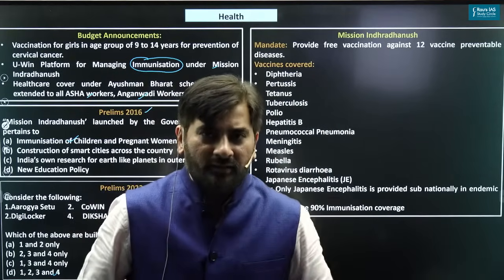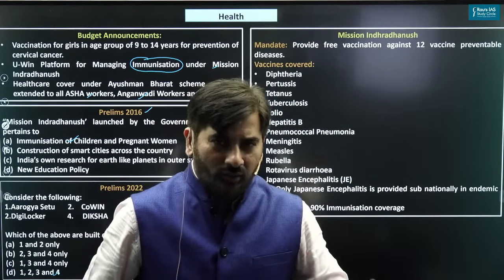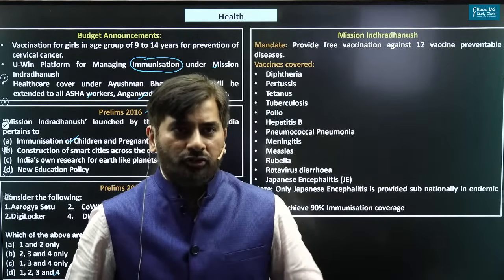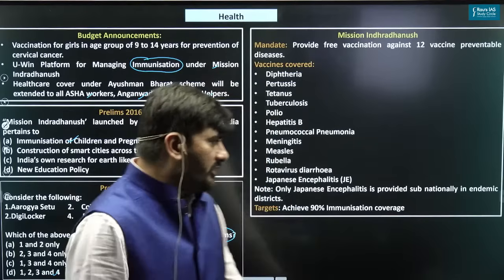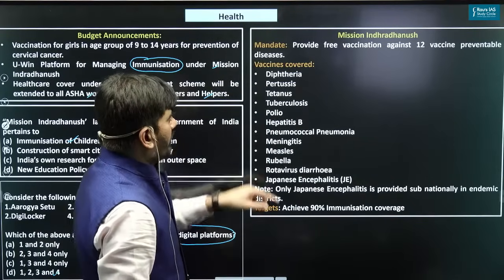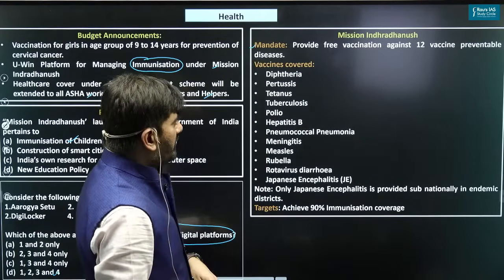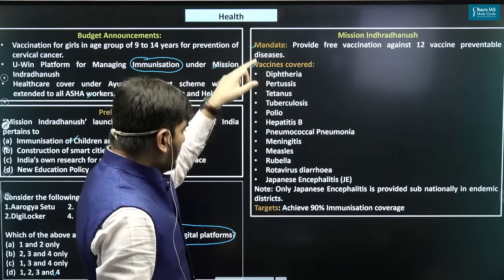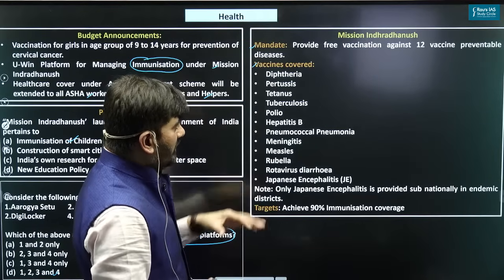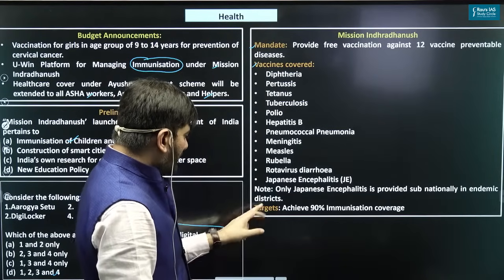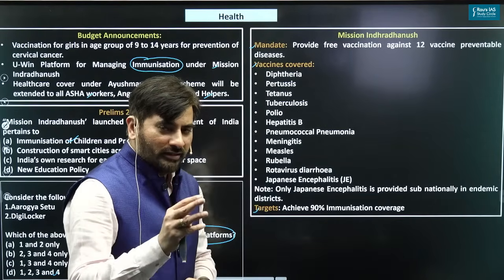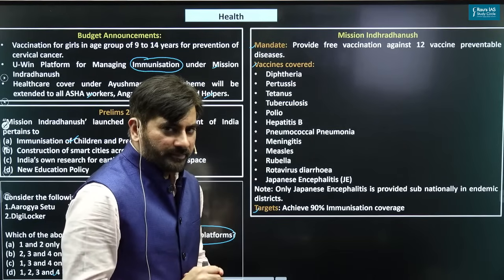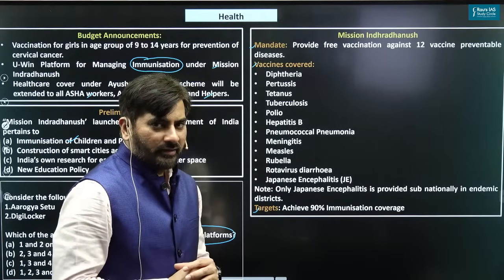Now, with respect to this announcement, you should just know about Mission Indradhanush. What should you know under Mission Indradhanush? You should know what is the mandate of Mission Indradhanush, what are the vaccines which are covered under it, and what is our target. If you know these three things, that is more than sufficient. What way question can be asked in the prelims?